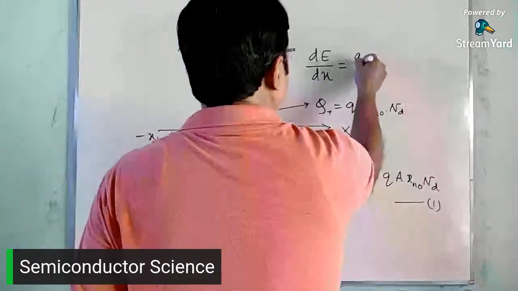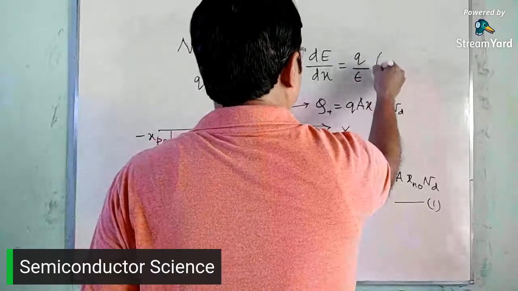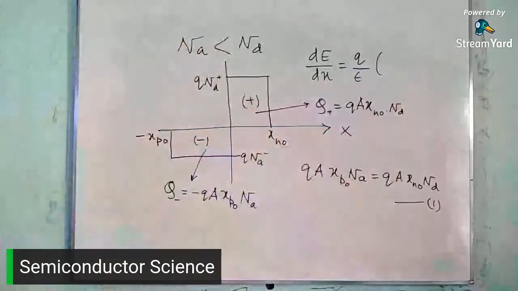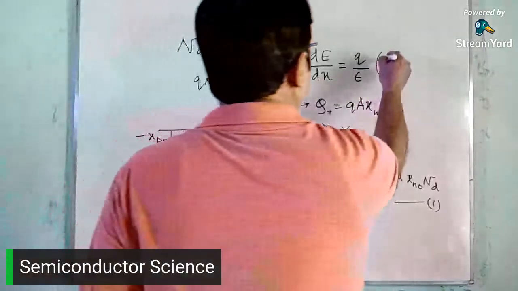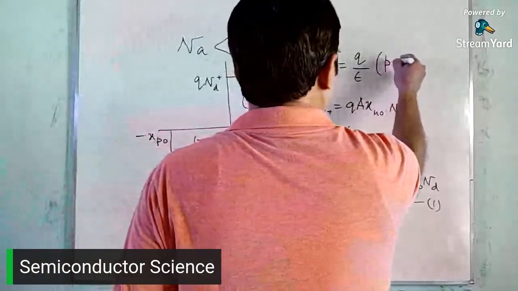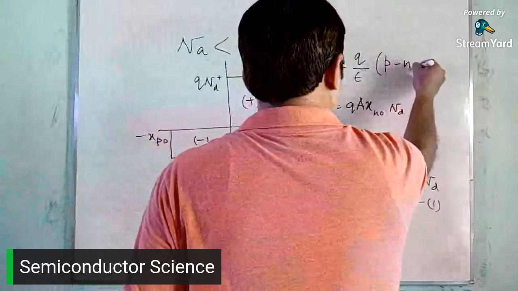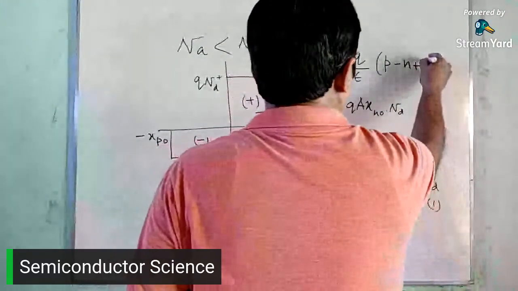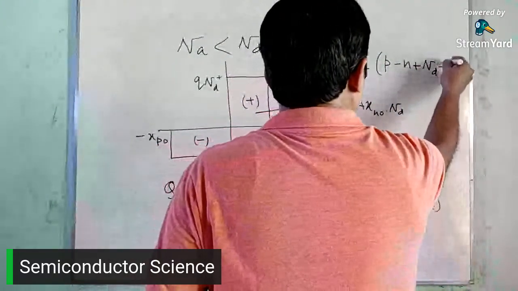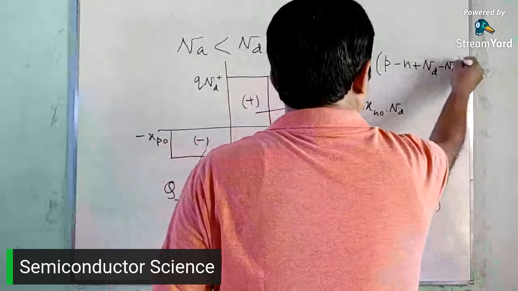This is the equation we used earlier, where the total charge is p minus n plus the donor charge Nd, and then the negative acceptor ion charge Na.